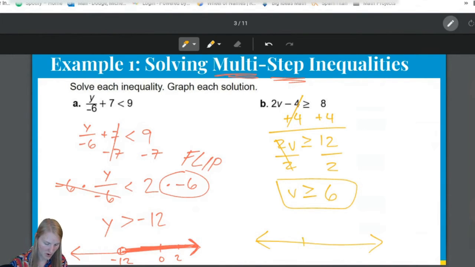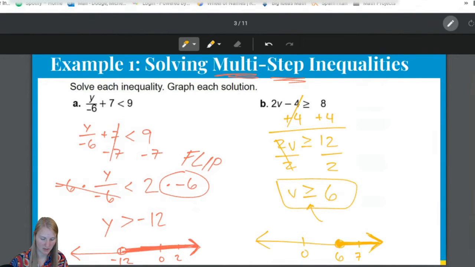So 0 and 6. My circle on 6 is going to be closed because this sign is greater than or equal to. And I want v greater than or equal to 6. So the numbers that are greater than 6 are 7, 8, 9, all the numbers over here.